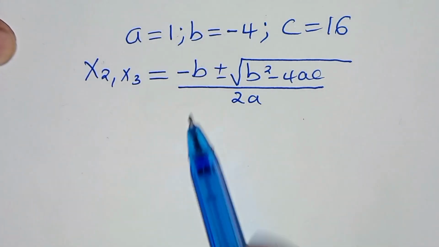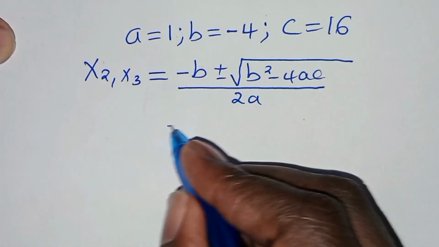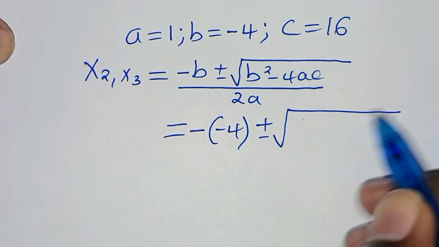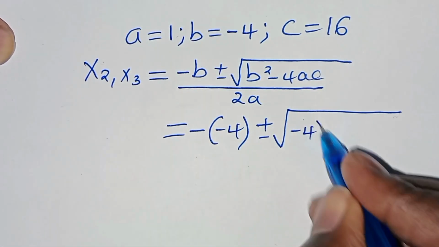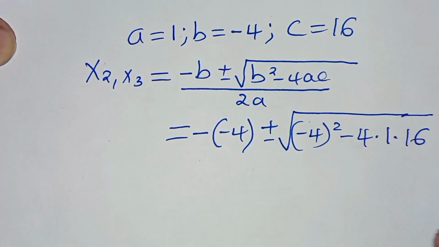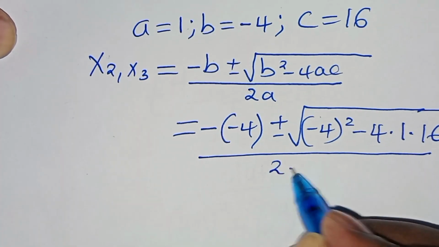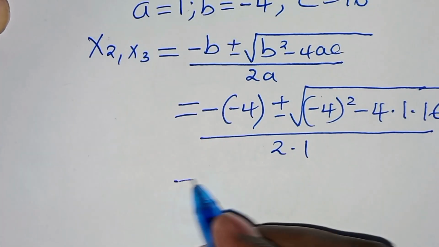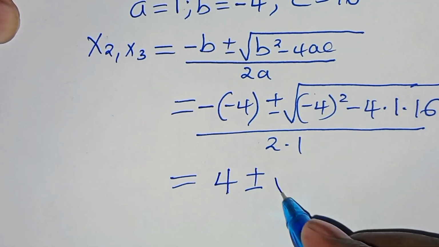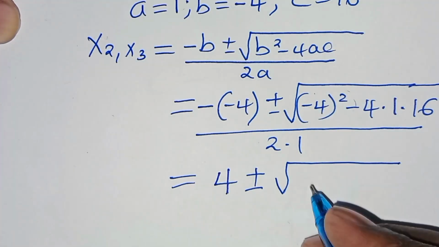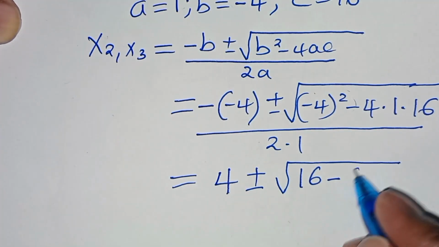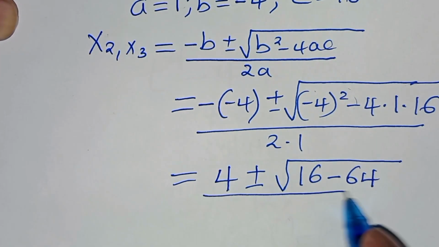Here we have minus minus 4 plus or minus the square root of minus 4 squared, subtract 4 times 1 times 16, all divided by 2 times 1. So here we'll have 4 plus or minus the square root of 16 minus 64, divided by 2.